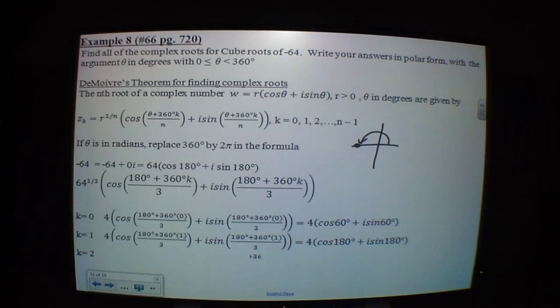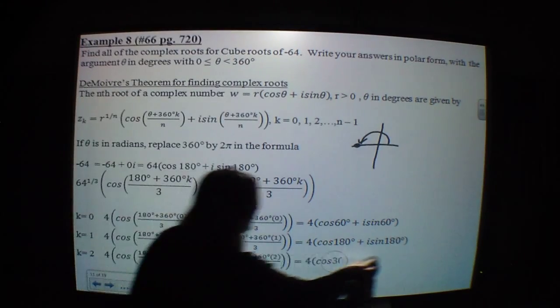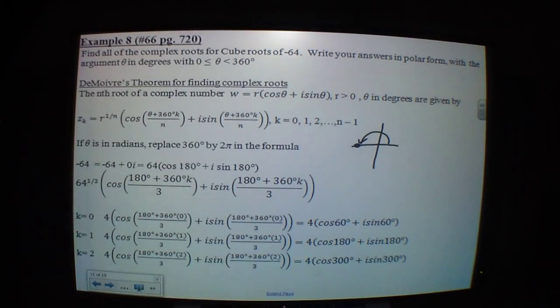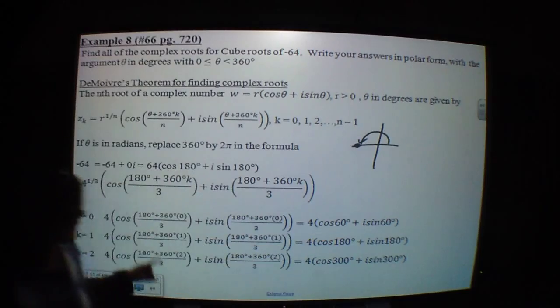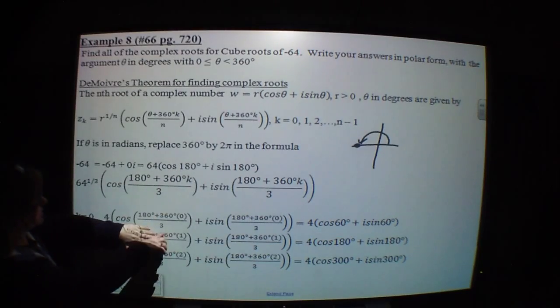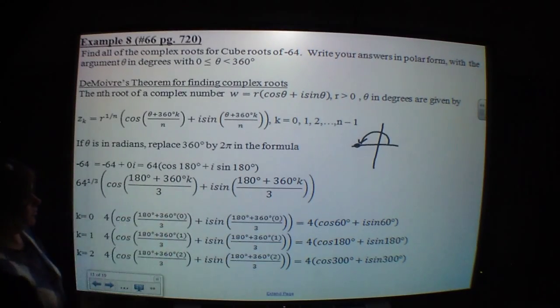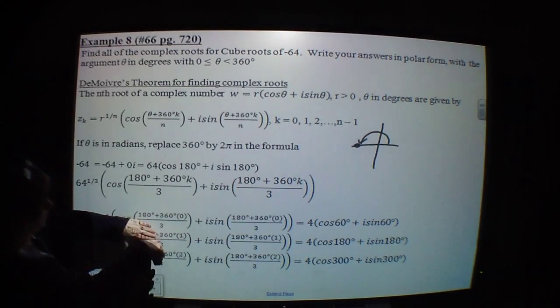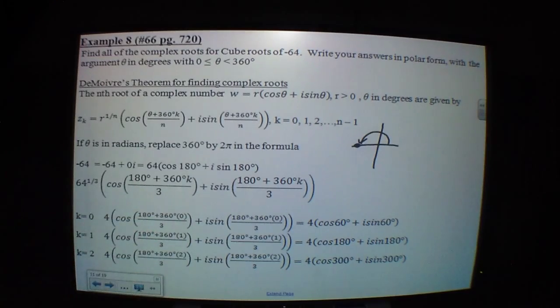And when k is equal to 2, you add another 120. So each of these, you're adding whatever this number is divided by 3. That's 120. If it were divided by 6, you'd have to do it a lot more times, but 360 divided by 6 is 60, so each one you'd add 60.